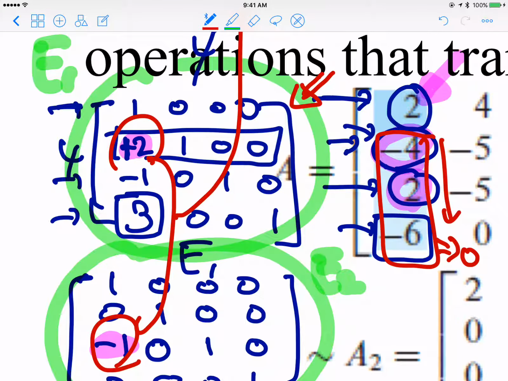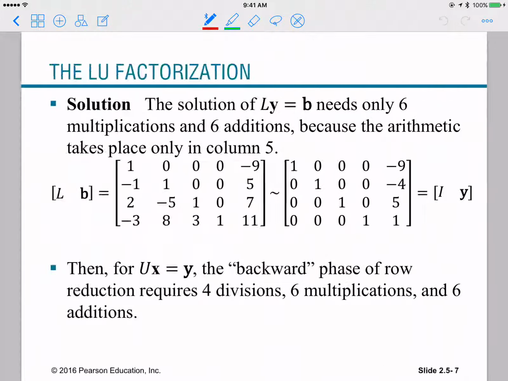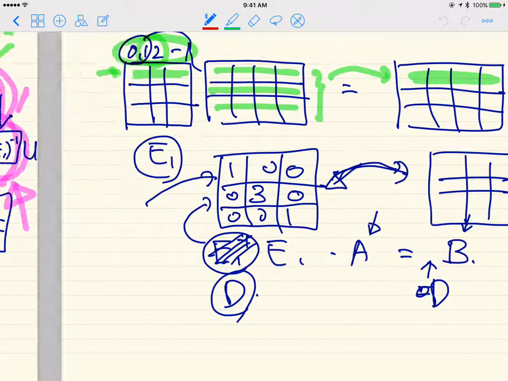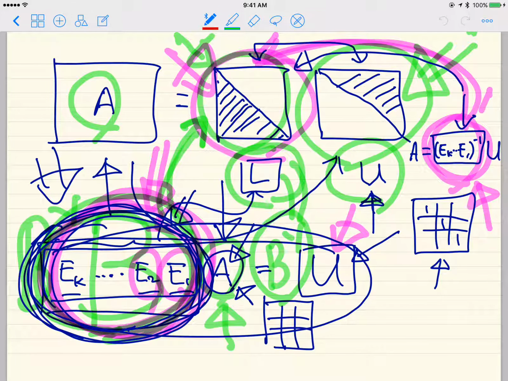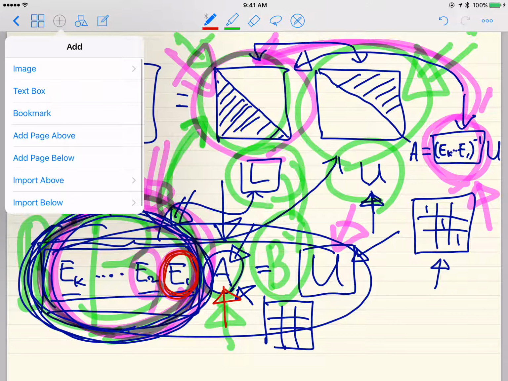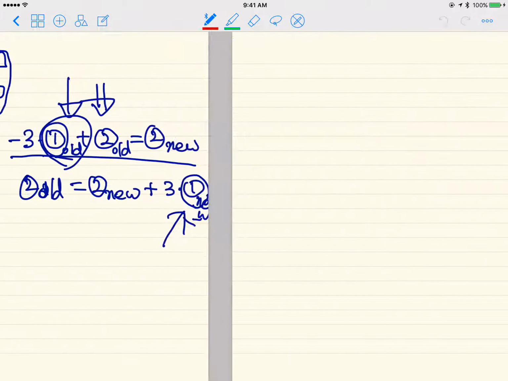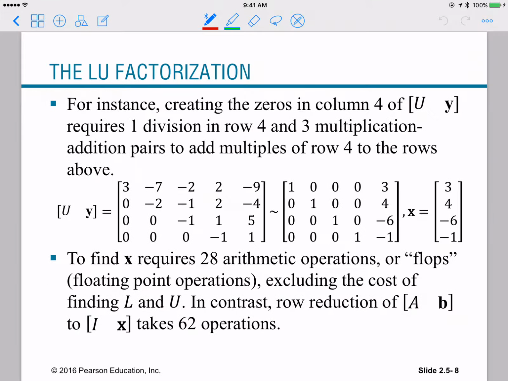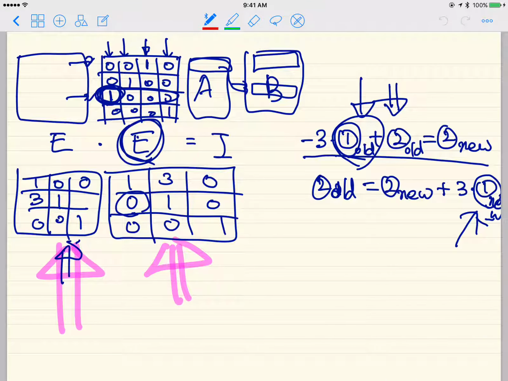Okay, I have to go back. Starting from A, using one single matrix, one kind of elementary matrix that involves 3 row replacements. Let me use this slide.